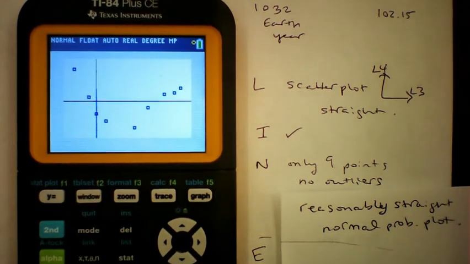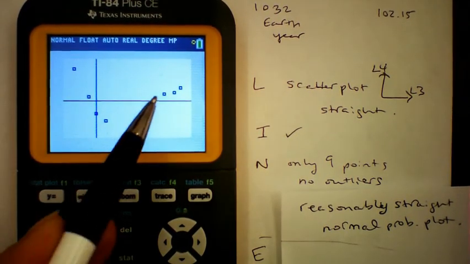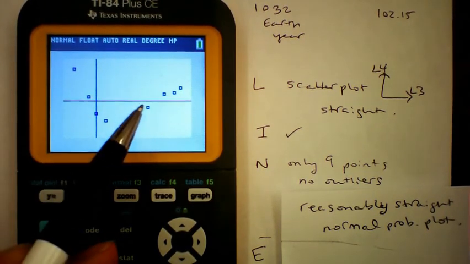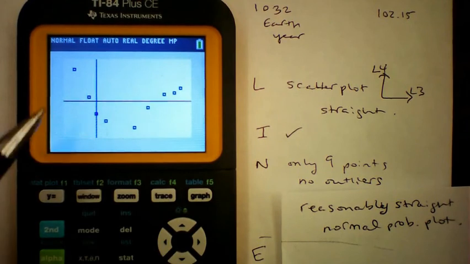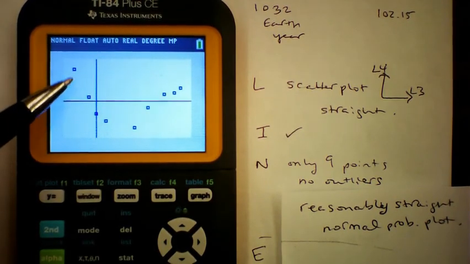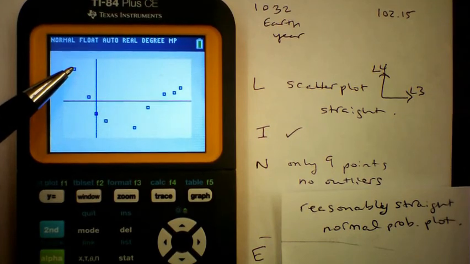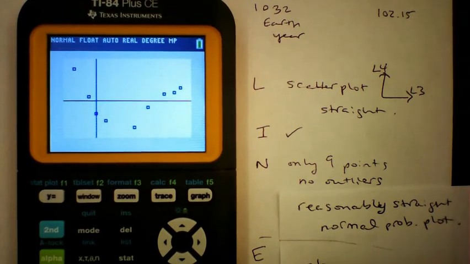And there does appear to be a pattern here. If you think of our model as the middle, remember that a residual is observed minus predicted.